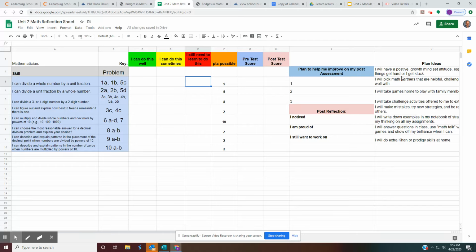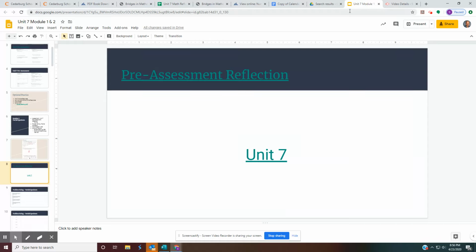Here are some plan ideas if this is one that will help you. If you know of any others, go ahead and write them down here. Let's just come up with a list of 3 things that you're willing to do to be better at this lesson. Okay? All right, back to Unit 7.